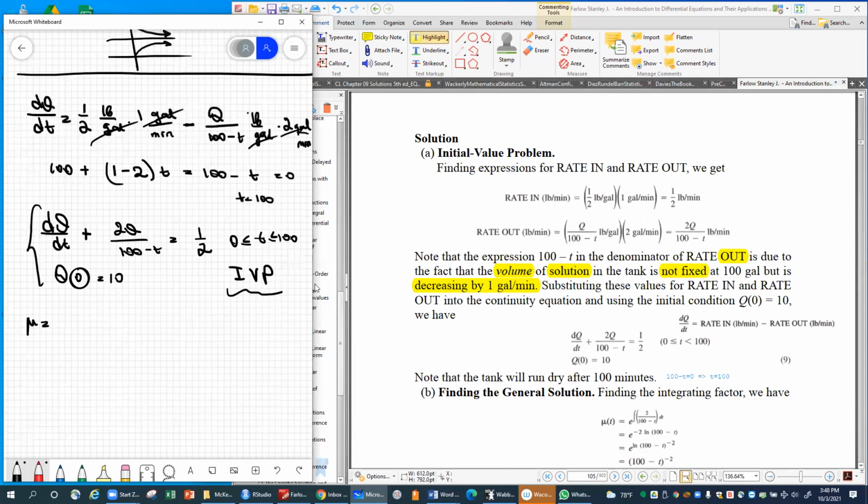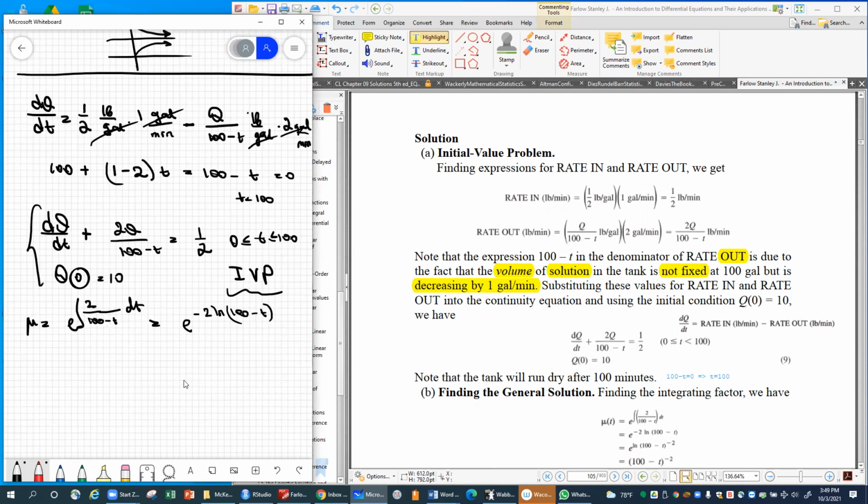The integrating multiplier is e to the integral of 2 over (100 minus t) dt. So it's minus 2 log (100 minus t), because if you take the derivative of this, it's minus 2 over (100 minus t), and the extra minus 1 from the chain rule kills the minus, and you get this expression.